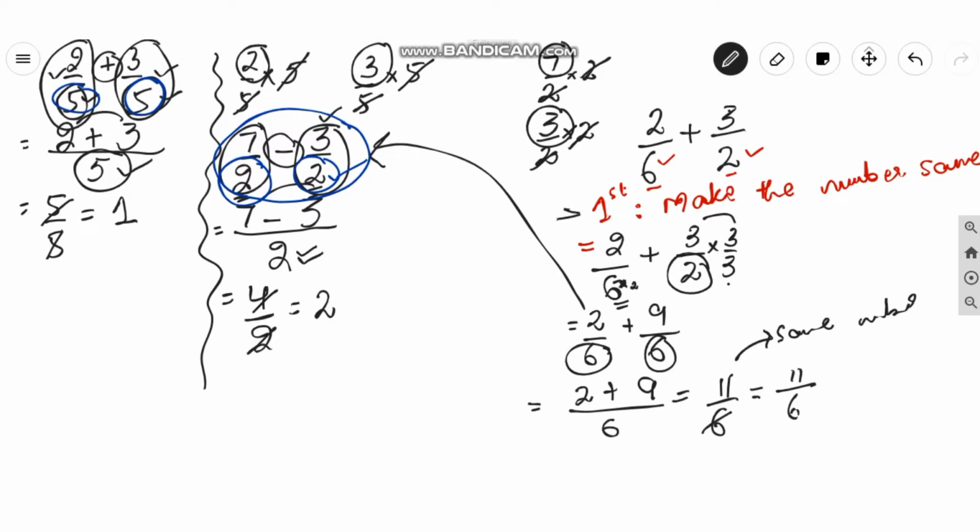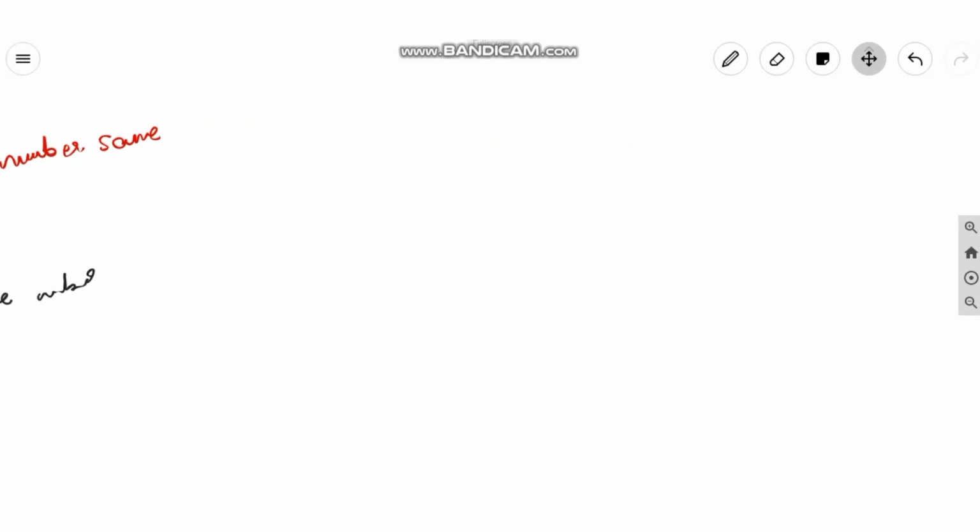Now let's discuss the second method. We have the question 2 by 6 plus 3 by 2. Now the second method is to have a look at the numbers in the denominator. These are 6 and 2.